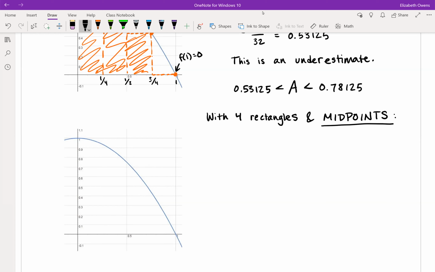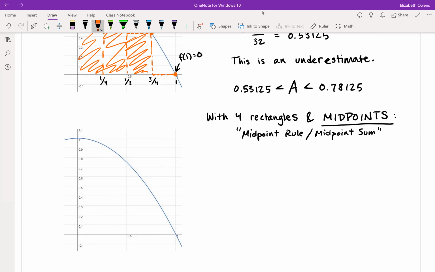All right, so when you do these, this is often called the midpoint rule or midpoint sum. So midpoint rule or a midpoint sum of the areas. Okay, so if you see that term, that's just what it's referring to.